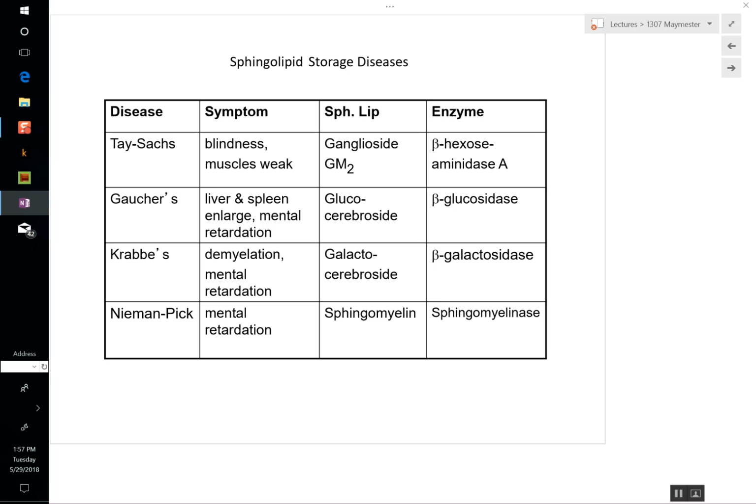So here you can see one that affects the sphingomyelin. It is of great consequence. It will affect the brain. They're just different genetic diseases here: Tay-Sachs, Gaucher's, etc.